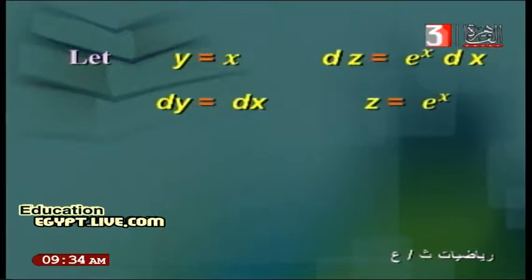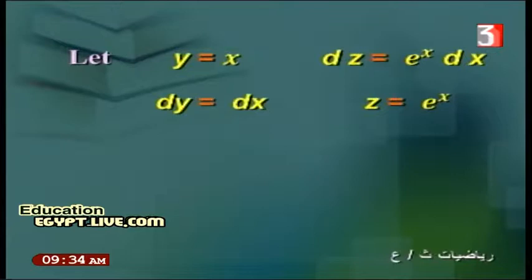We can divide the function into two parts. The first part x and the second part e power x dx. Differentiating the first part, we have dy equals dx. And integrating the second part, the integration of dz equals z, and the integration of e power x dx equals e power x.